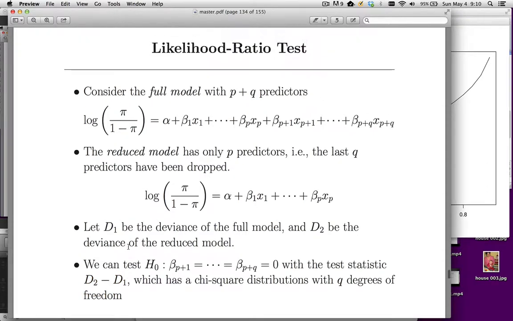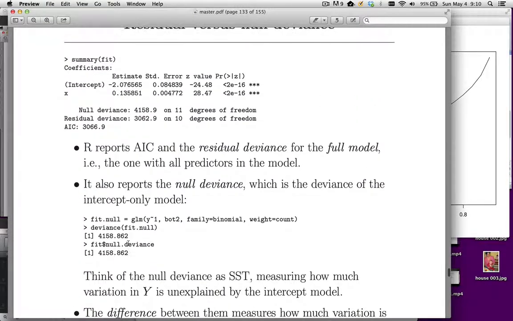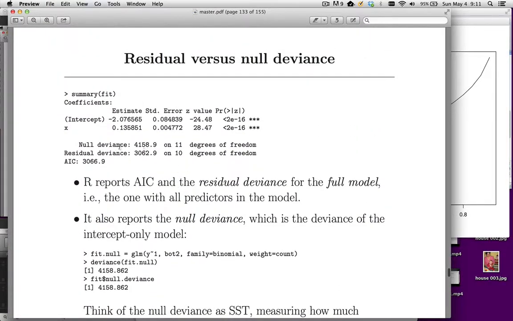Now let's go back to the problem we did and think about what we had. The null model was this reduced model, so we could think about having p equal to 0 predictors and q equaling 1 predictor. The 1 predictor is the slope.